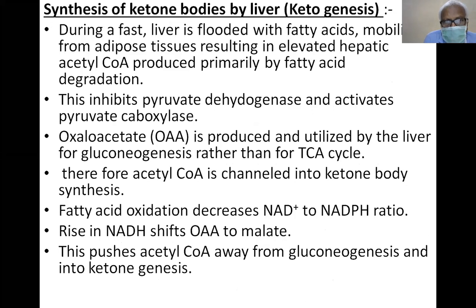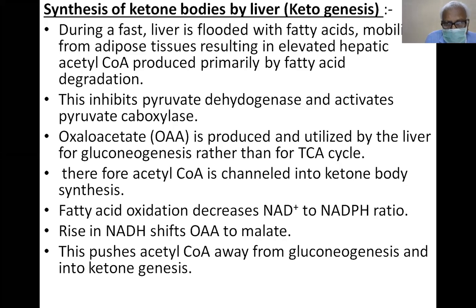During a fast, the liver is flooded with fatty acids mobilized from adipose tissues, and that results in elevated hepatic acetyl-CoA production, primarily by fatty acid degradation. This inhibits pyruvate dehydrogenase and activates pyruvate carboxylase.